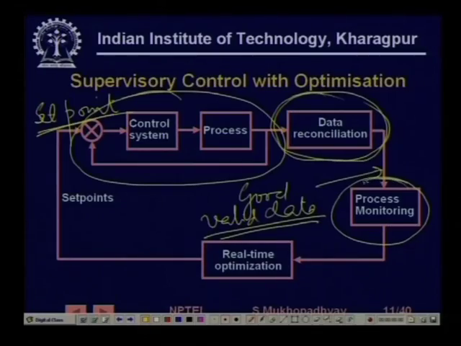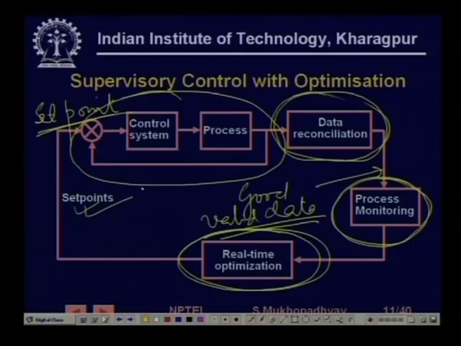So, various features of process operation can be computed, and based on that you get an idea as to whether your process is working fine, or whether it needs a new set of set points, that is, another cycle of real time optimization will have to be done to generate new set points. So, this is typically the way in which the supervisory system is always looking at the plant and carrying out optimizations based on set points.